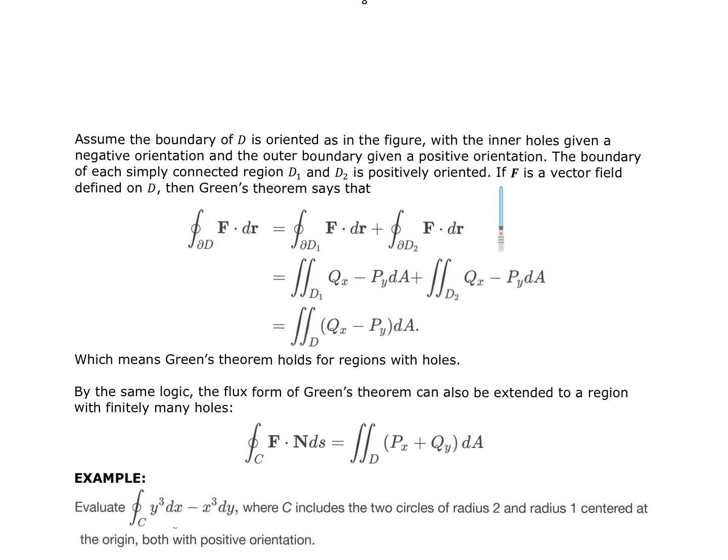So if F is a vector field defined on D, then Green's theorem says that the circulation over the partial of D of F dotted with dr is the circulation over the partial of D1 of F dotted with dr, plus the circulation over the partial of D2 of F dotted with dr, which ends up, when I get totally done, as the double integral over the region D of Q with respect to x minus P with respect to y dA, which means Green's theorem holds for holes.